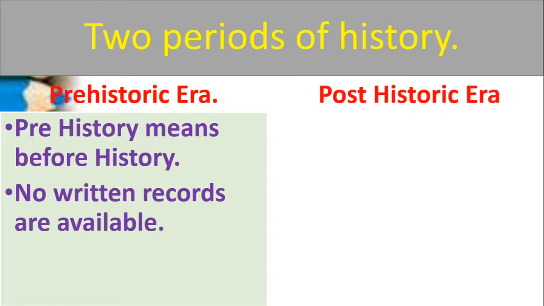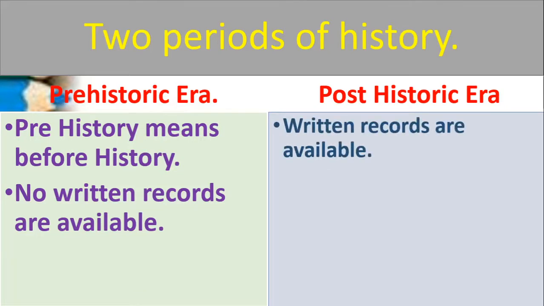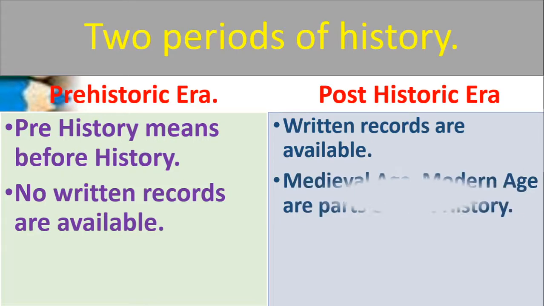And then we have the post-historic period where we have written records and people knew how to write, so written records are available. And the medieval age, modern age, etc. are all parts of the post-historic era. So these are two things, children, about the various historical periods.